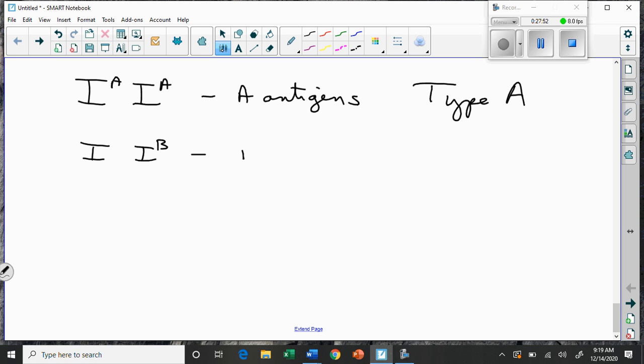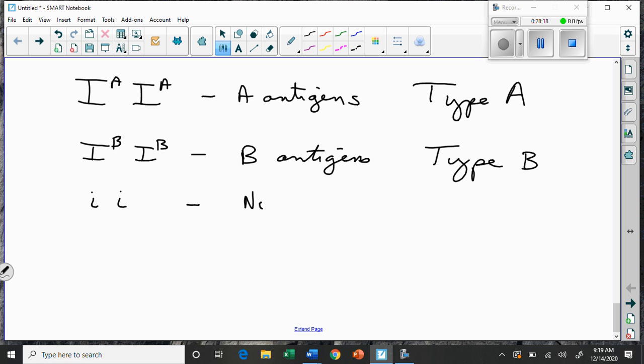So, this would make B antigens, and you would be type B. Okay? Now, if you were to get these two, that would be no antigens, and you would be type O.